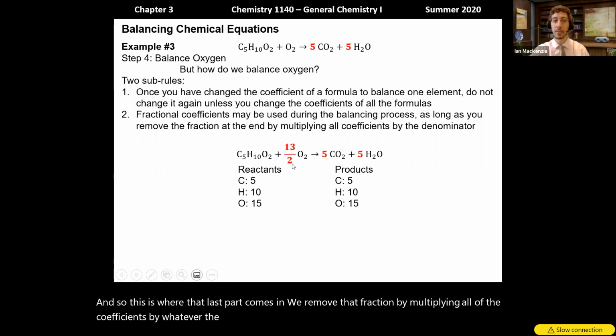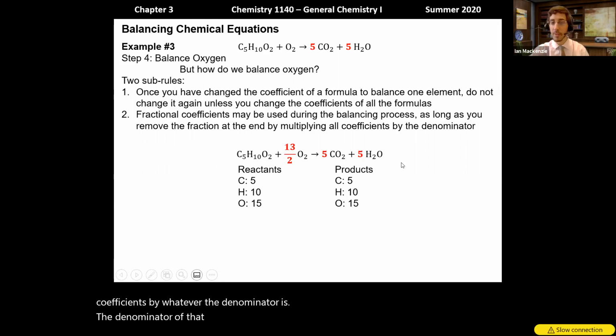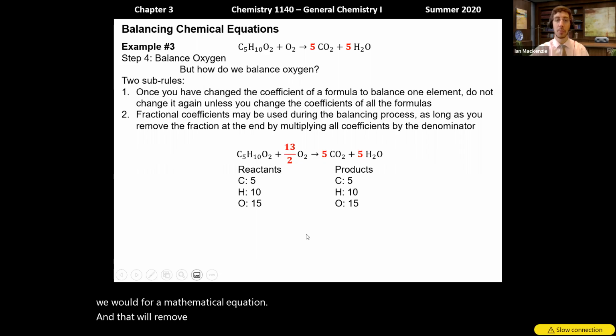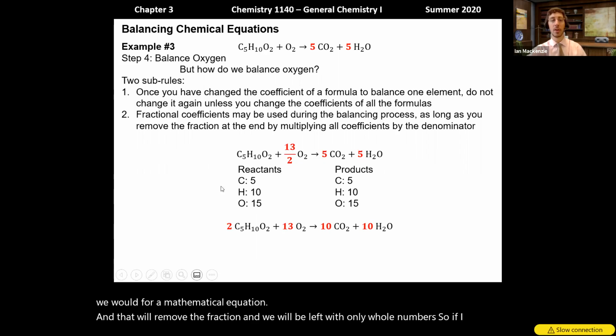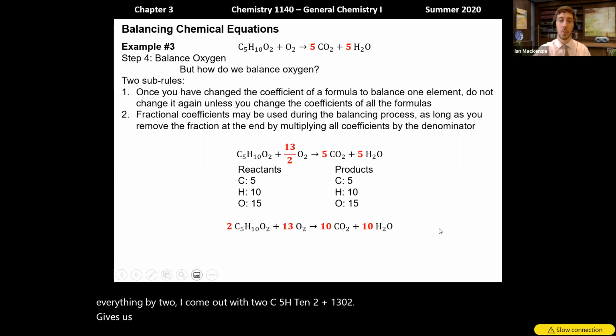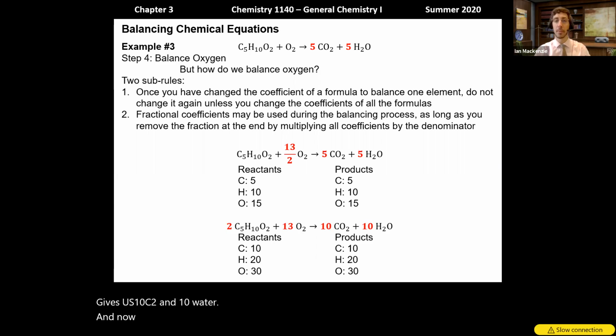The denominator of that fraction is 2, so we multiply all of the coefficients by 2, just like we would for a mathematical equation. And that will remove the fraction, and we will be left with only whole numbers. So if I multiply everything by 2, I come out with 2 C5H10O2 plus 13 O2 gives us 10 CO2 and 10 water. And now we still note that all of my elements are balanced and my final chemical equation is balanced.